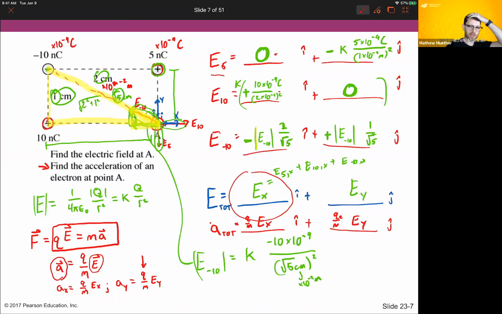I would find the charge of the electron and the mass of the electron. And I would find that the q value for the electron is negative. So that negative sign would have to go in here. And that means that the acceleration in the y direction would point in the opposite direction from where the electric field points in the y direction. Okay, let me pause. Are there any questions about this at the moment?